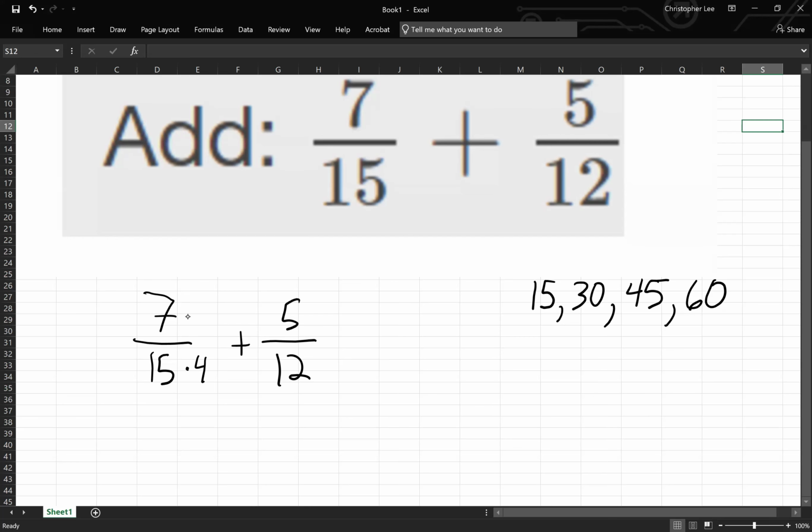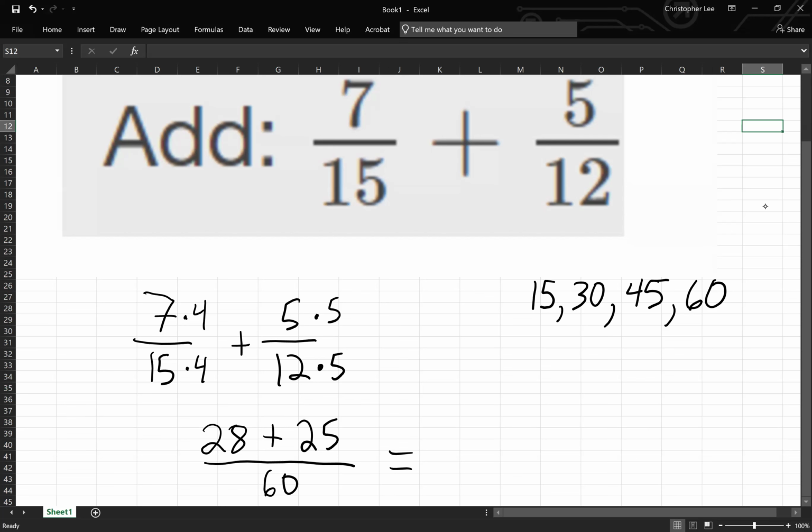Good, right? So what I do to the bottom, I do to the top, and 12 times 5, good. What I do to the bottom, I do to the top, right? A little bit of math. What's that? 7 times 4, call that 28. Plus 5 times 5, 25. Over 60. Oh gosh, this is the hard part.